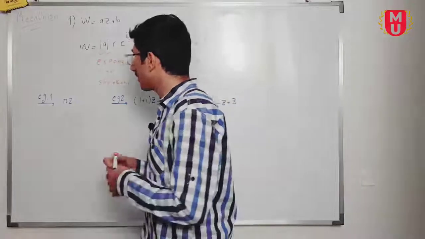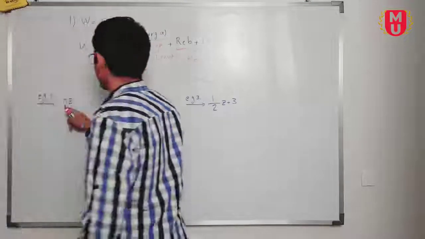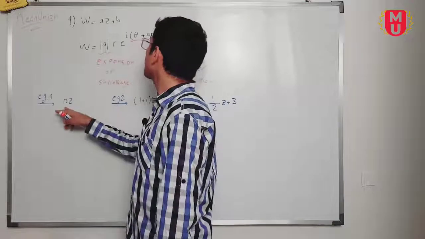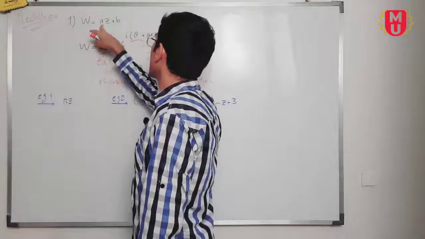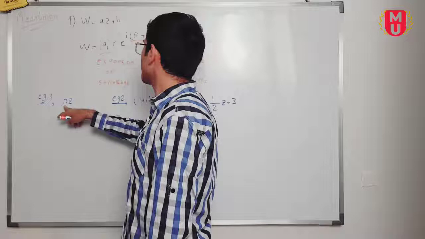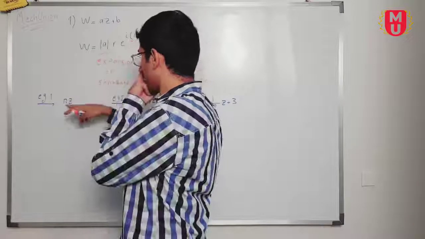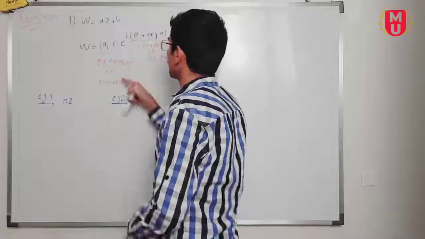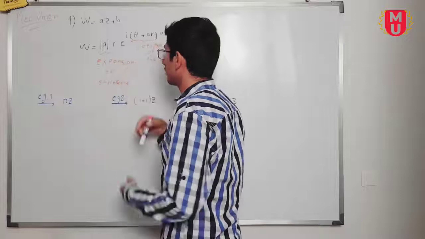As example one, we have pi z. Remember, we can match A as pi. It will have an expansion or shrinkage.